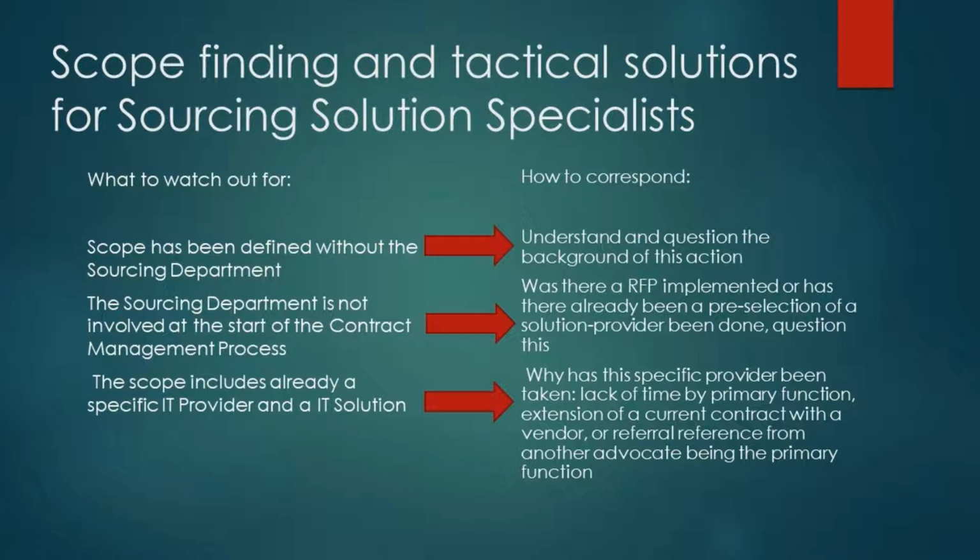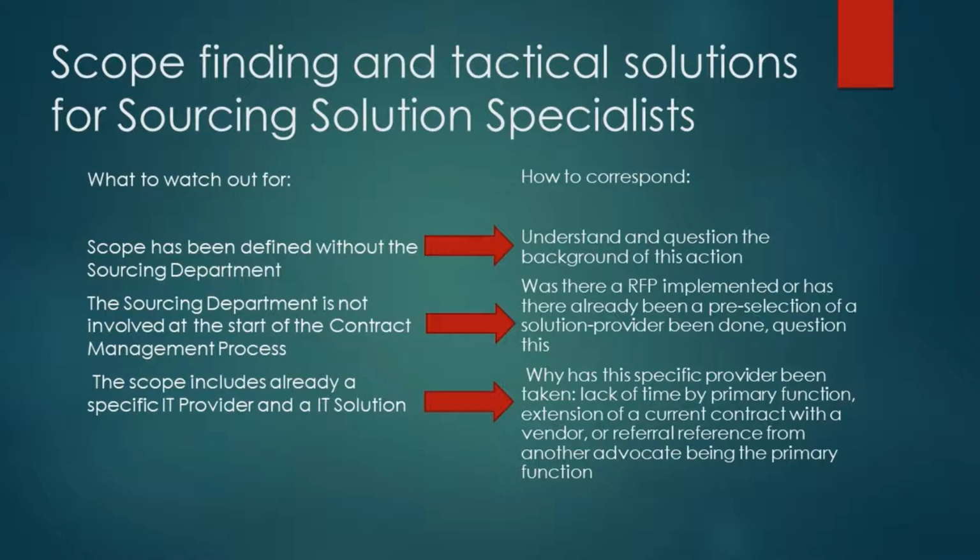This could be, for example, when you have a scope that has been defined without you as a sourcing specialist. You should really ask yourself, why has this been done? Why has this actually been done without you in place or being informed, to be included in designing the scope process? Why aren't you included?